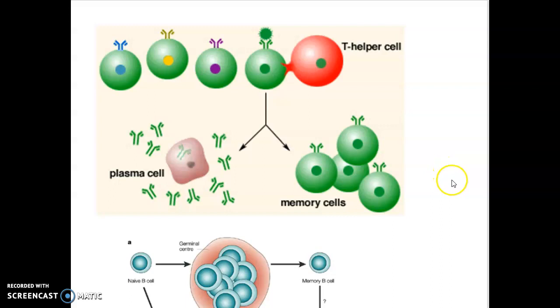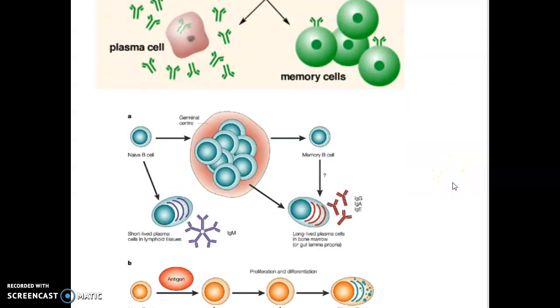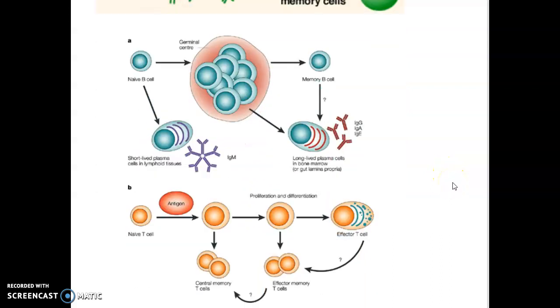Now, in addition to the B memory cells, there are also T memory cells. So those same T helper cells that communicated with that original B cell, sometimes as you read about this, they'll call them naive, which means they're not really active yet.